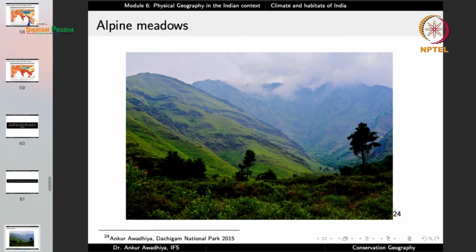Now if you have an area with a high wind speed, in that situation the area will not support a very large number of trees because the trees will very easily get uprooted. So typically we find grasslands in these areas, meadows. And these are alpine because these are having a cold condition. So these are cold grasslands.